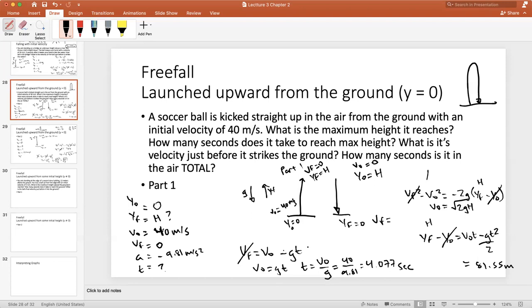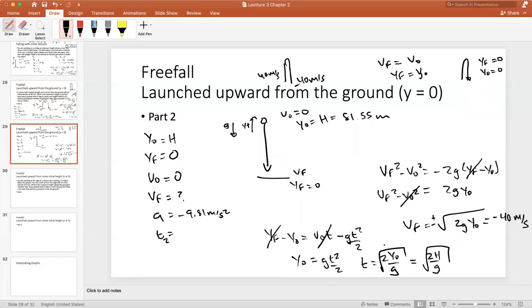And if v initial is equal to gt, if I square both sides, v naught squared is 2gh, that's equal to g squared t squared. Divide through by g squared, and you get that t squared is 2h over g. Take the square root, and you get what we see here, that the time down and the time up are equal.